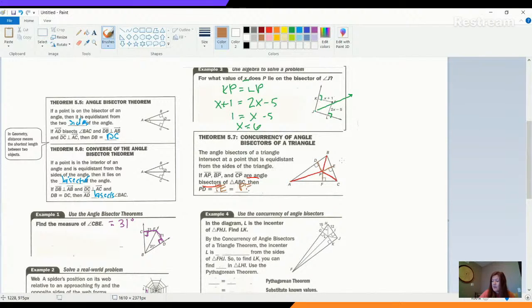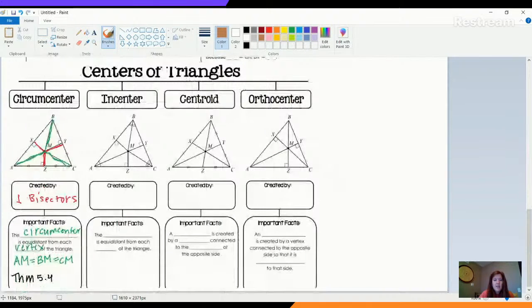So while we're here, let's go ahead and fill in your centers of triangle sheet too. You can see that the in-center down here is created by angle bisectors. The circumcenter is by perpendicular bisectors. The in-center is by angle bisectors.